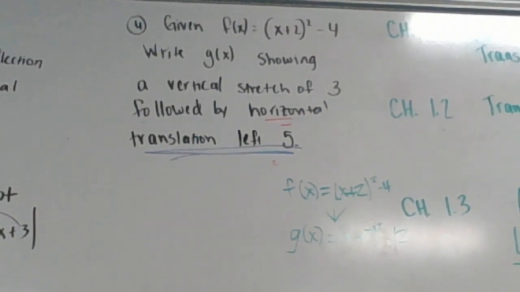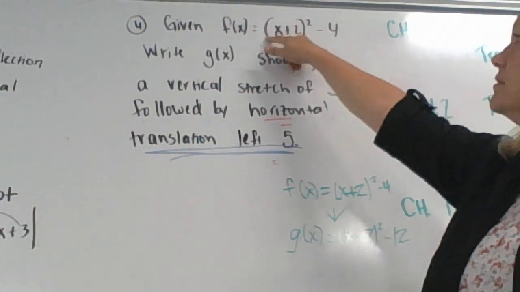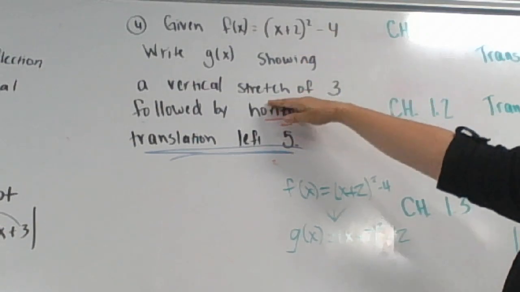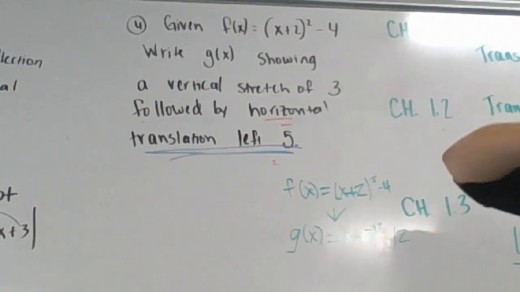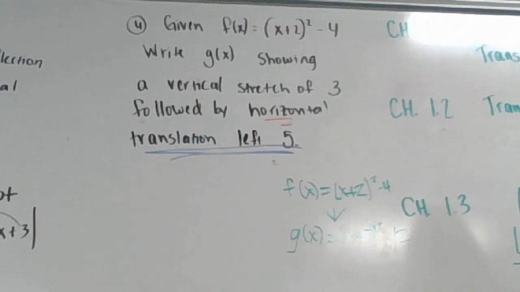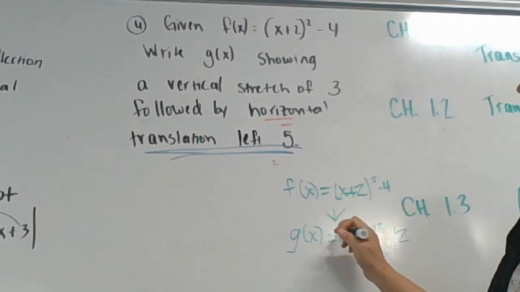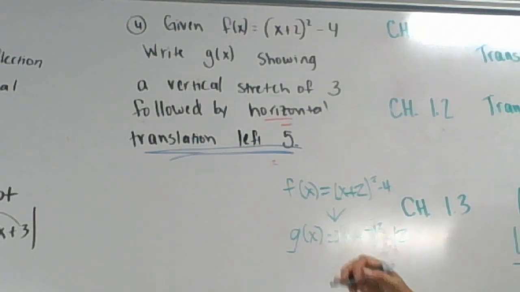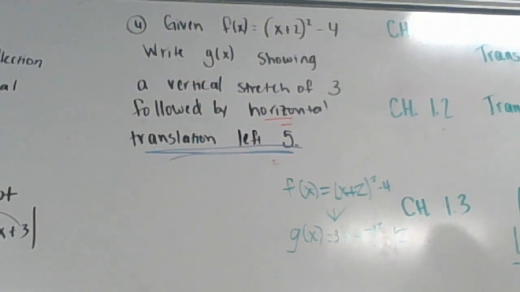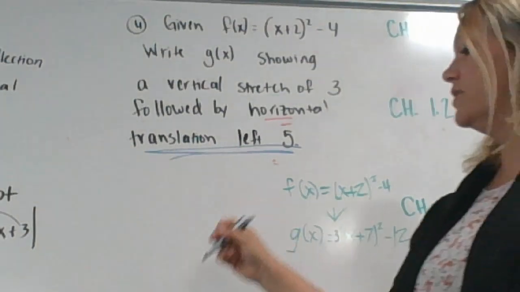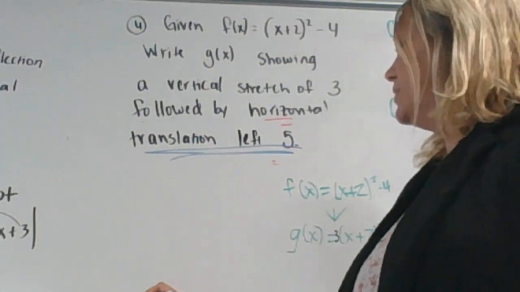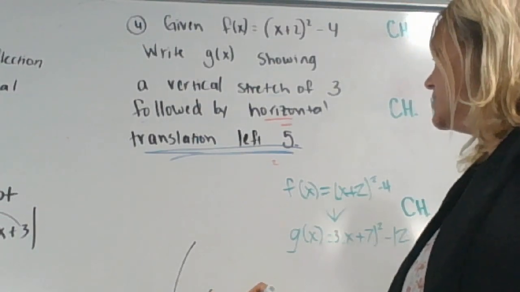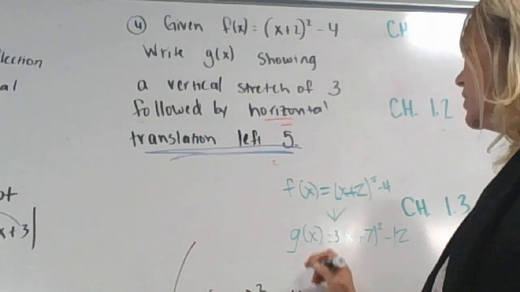So this is the quadratic function, x plus 2 squared, the quadratic function family. We want a vertical stretch of 3. So good job. On your paper, do you have a 3 right here? Yeah, that's a really good job. You guys got it. Okay, a vertical stretch of 3. So I'm going to put a 3, and I'm going to write the function x plus 2 squared minus 4.